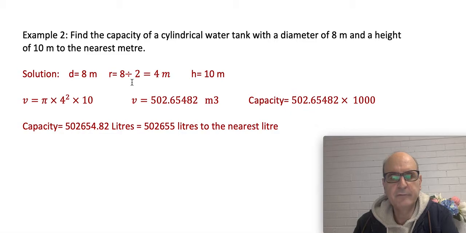So first we find the volume in terms of cubic meters. Just sub in the values, pi times r squared times height. r is 4 squared, times by height, which is 10.